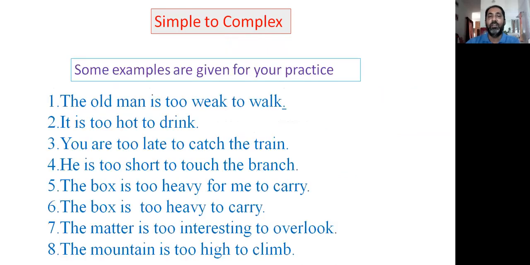Dear learners, now you can see some examples and these are for your practice, right? Dear learners, you have seen how to use a non-finite verb to make a subordinate clause for a complex sentence.